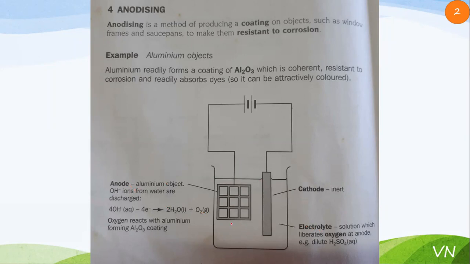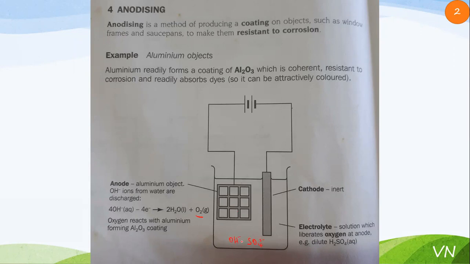So basically, once we use a dilute solution, if you can recall, the OH minus ions are going to be lower in the electrochemical series, and in the process, oxygen gas is going to be produced. This textbook gives an example that we can probably use dilute sulfuric acid. During this process, we know that our OH minus ions and the sulfate ions are going to be the anions.